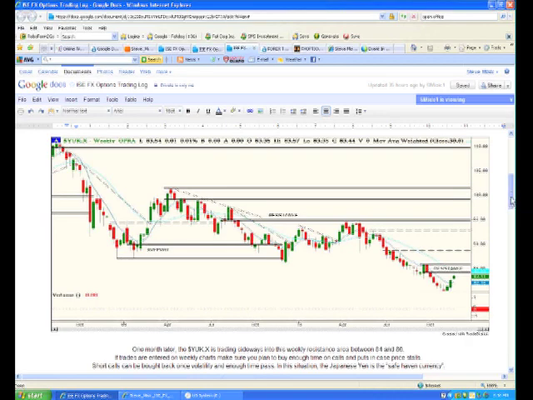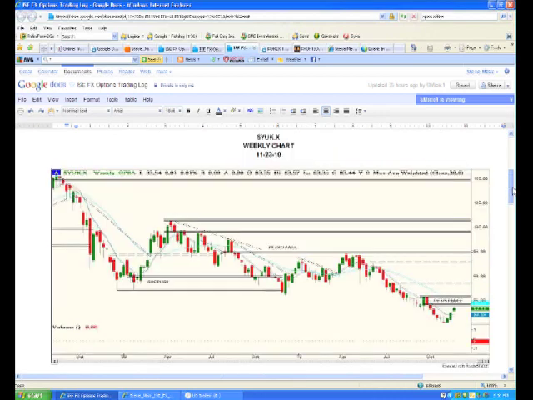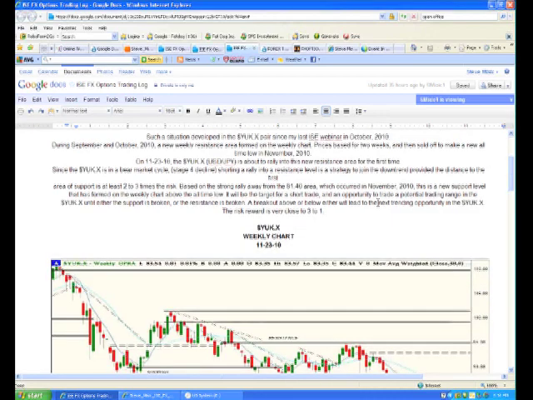So now the support that I'm going to trade this down to is located down near the all-time lows. And since the dollar is in a bear market cycle, stage 4, shorting a rally into resistance is a strategy to join the downtrend, provided the distance to the first area of support is at least 2 to 3 times the risk. So notice how the strong rally away from the 81.40 area is where the support is going to be, and it's also the potential for a double bottom, and it's also the potential for some kind of trading range bottom.